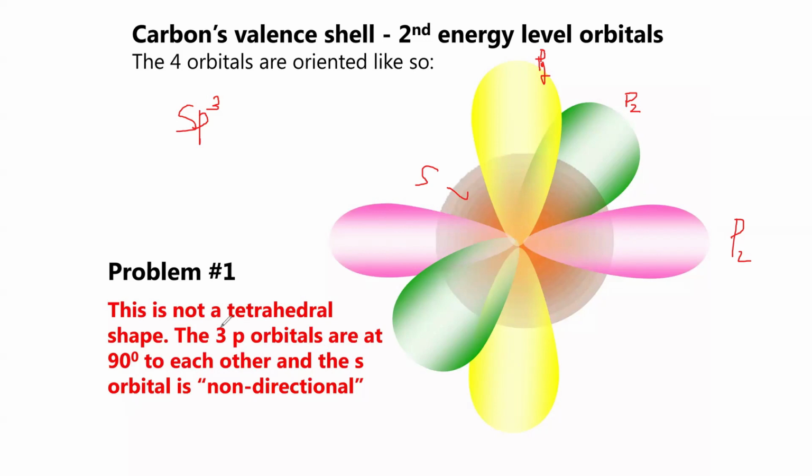And of course, if you look at the three p orbitals, this one is at 90 degrees to px, and then the py is also at 90 degrees to this. So this is the shape of sp3 hybridization.